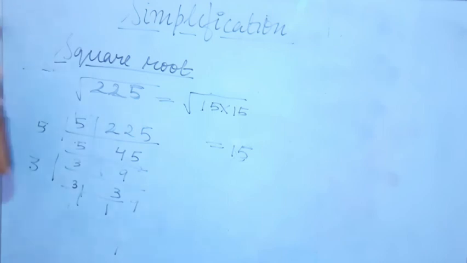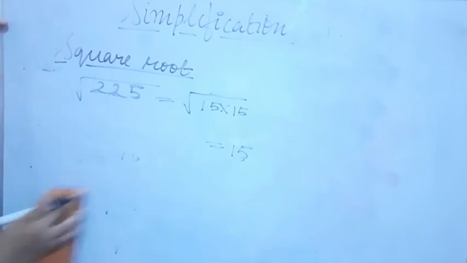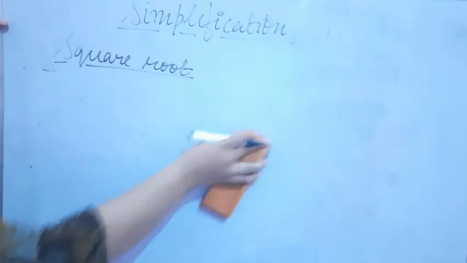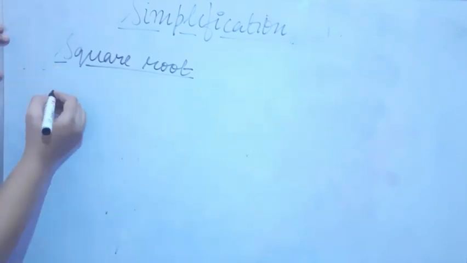Now I am giving you some questions to find out the square root. You have to do them yourself in your maths homework copy. And the square roots that I have explained in this video, you have to do in your maths classwork copy.